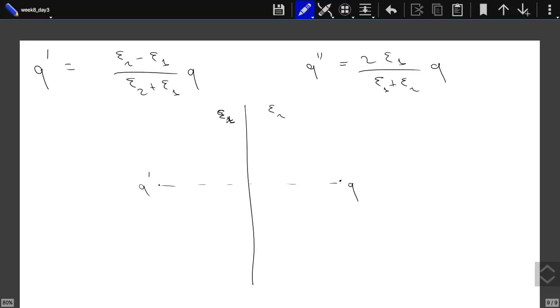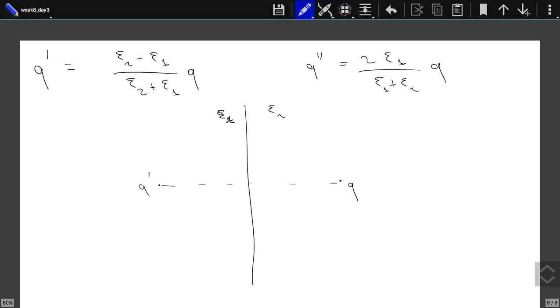So the Q prime will be negative. Q prime is epsilon 2 minus epsilon 1. If epsilon 1 is larger, Q prime will be negative. Well, if Q prime is negative, so we have a negative charge, we have a positive charge. If you would draw the electric field lines, they will start from the positive charge and they will bend towards the negative charge.